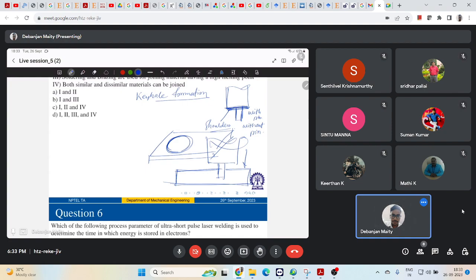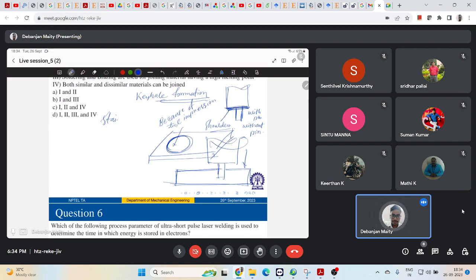Because when you retract the tool from there, it will form that protrusion or tool impression. Because of the tool impression, you have keyhole formation. So there are updated friction stir welding techniques where people are doing research to eliminate that keyhole formation. Like there you have the stationary shoulder.